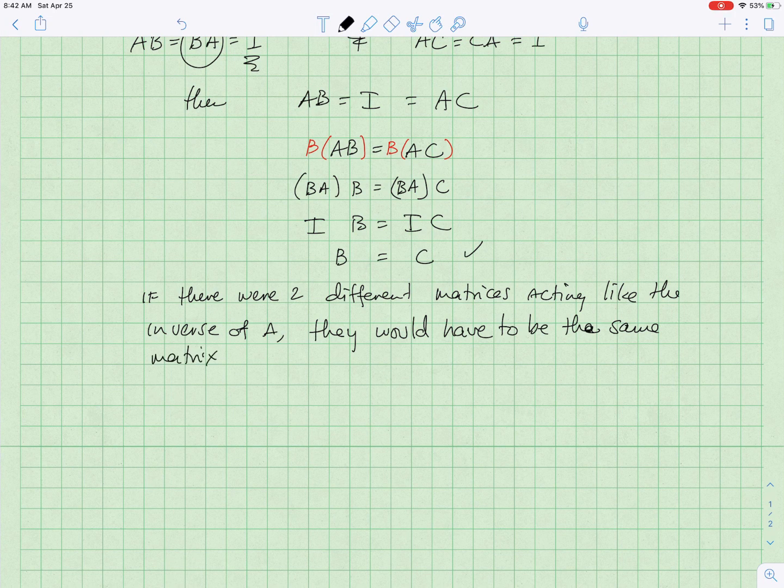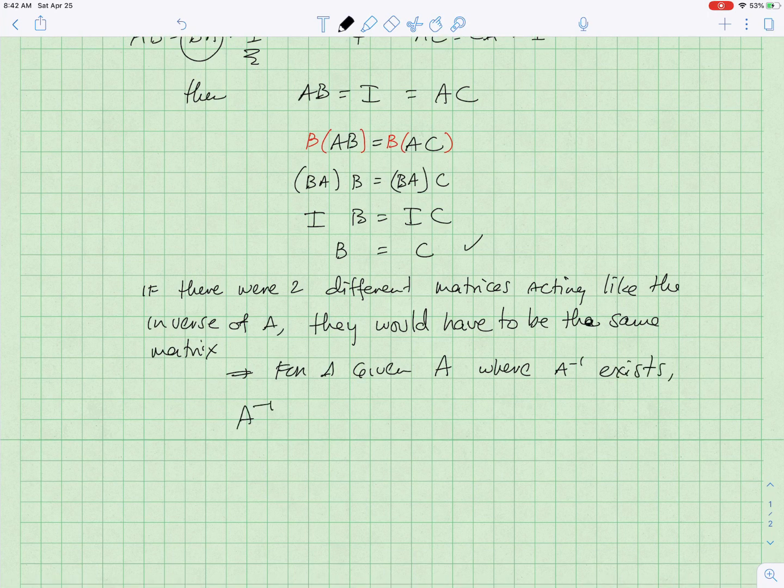So, for a given A where A inverse exists, A inverse is unique. So you never have to worry about finding multiple possible inverses. Okay, good talk.